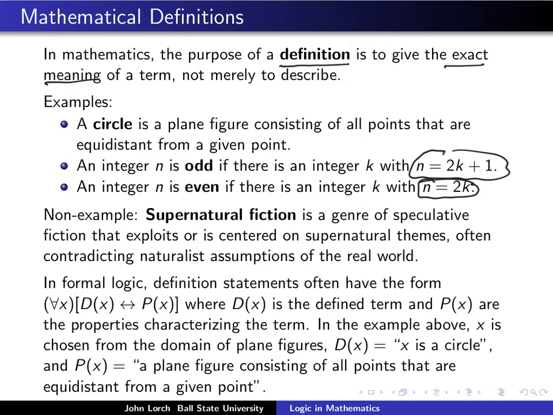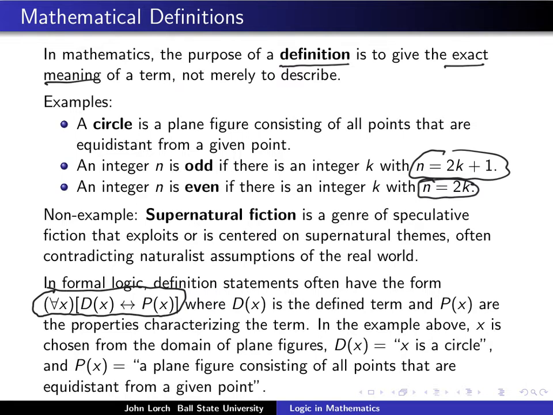So you can sort of translate the idea of a definition to formal logic in this way, right? Definition statements often have the form: for all x in a certain domain, D(x) if and only if P(x), where D(x) is the predicate describing the defined term, like, say, circle or odd or even, and P(x) is like the collection of properties that characterize the term, such as being equidistant from a given point or being a multiple of 2.